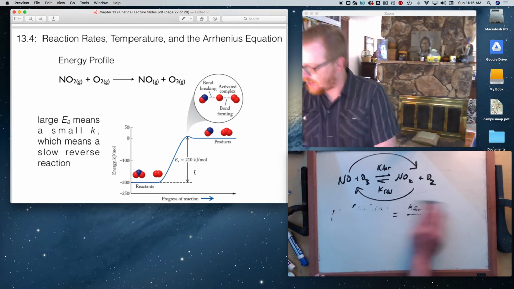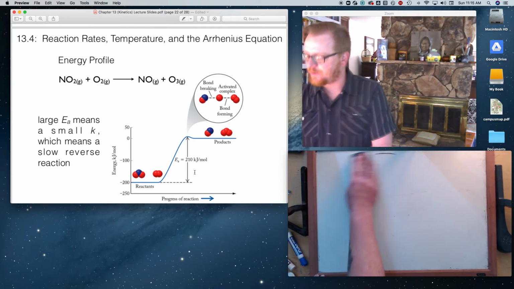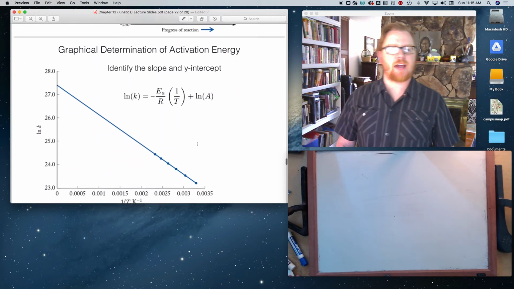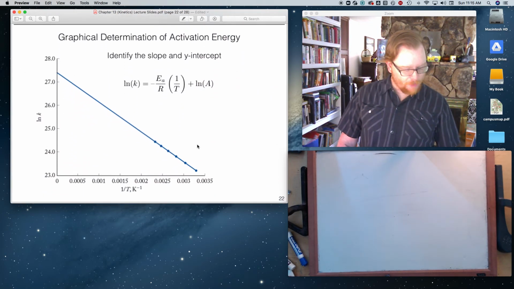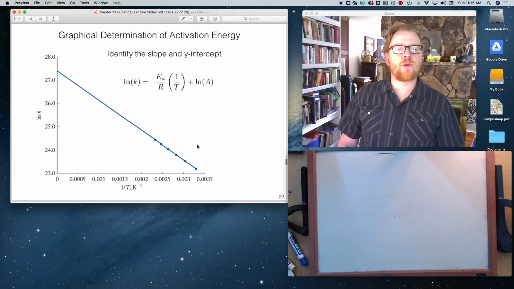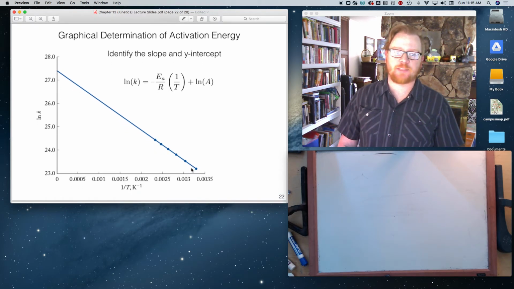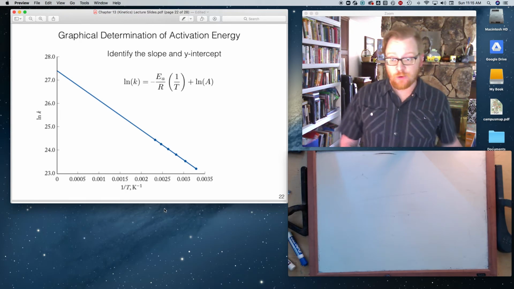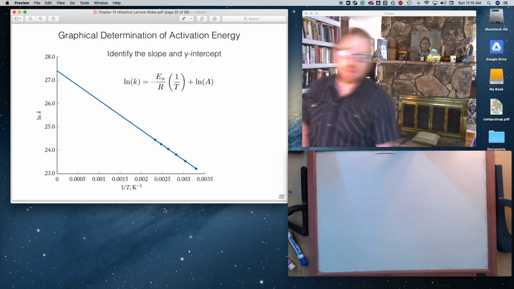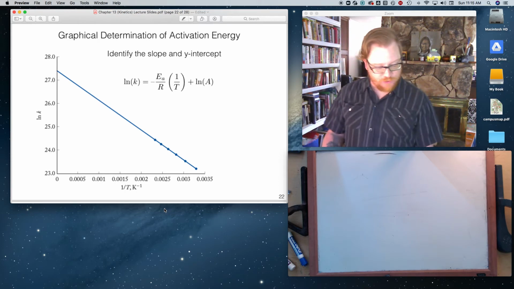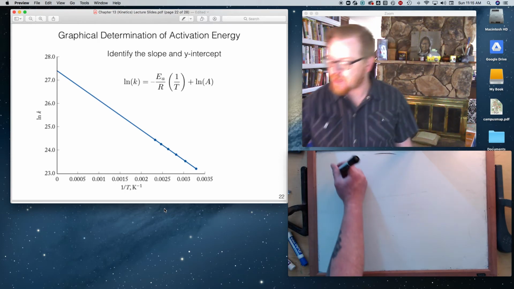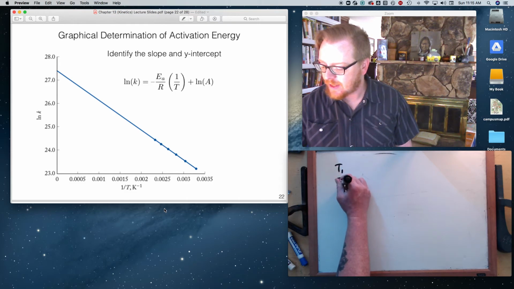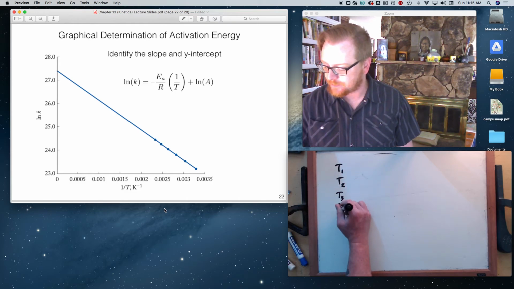Okay, and then let's see. I think just a couple more things for this video, so I'm going to move the slide here. Okay, great. So you can determine the activation energy experimentally, and this is another thing that you're going to do in your virtual lab. What you would do is several different experiments at different temperatures.